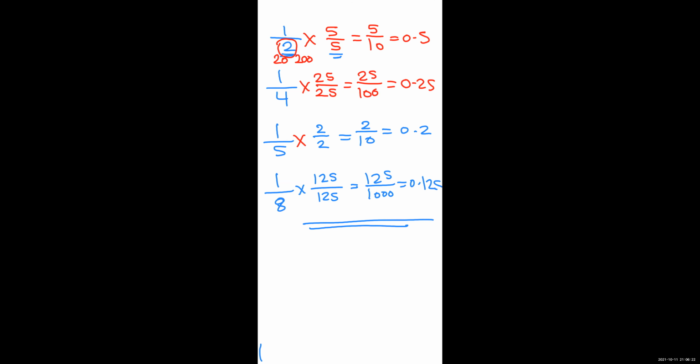So if the number here is 4, just 25, so 40, the same. 400, the same. 4,000, the same. 5 multiplied by 2, so 50, the same. 500, 5,000. If it's 8, 125. If it's 80, if it's 800. And of course, if the denominators are 25, just multiply it by 4. If it's 125, just multiply it by 8, and so on.